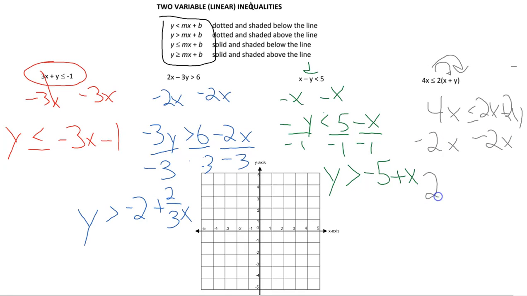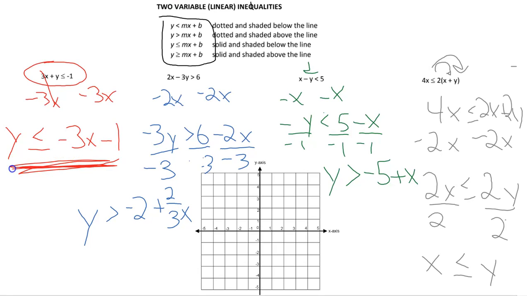I've got 2x is less than or equal to 2y. Last thing I do to get this alone, divide by 2. So I got y is less than or equal to x. Alright, so I got my 3 equations. Now I'm going to graph them.